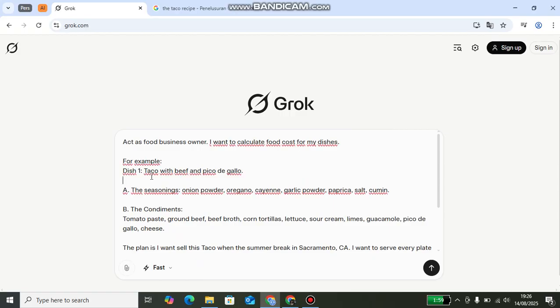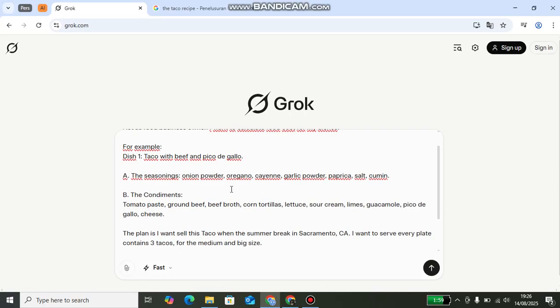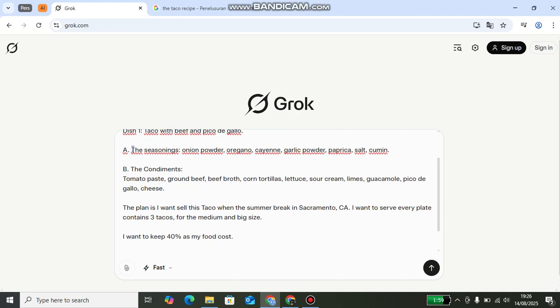The example is that I would like to sell the beef taco with pico de gallo, and I type the seasonings, for example the onion powder, oregano, cayenne, garlic powder, paprika, salt, cumin, and also the condiments, for example the tomato paste, ground beef, bone broth, tortillas, lettuce, sour cream, limes, guacamole, pico de gallo, and the cheese.